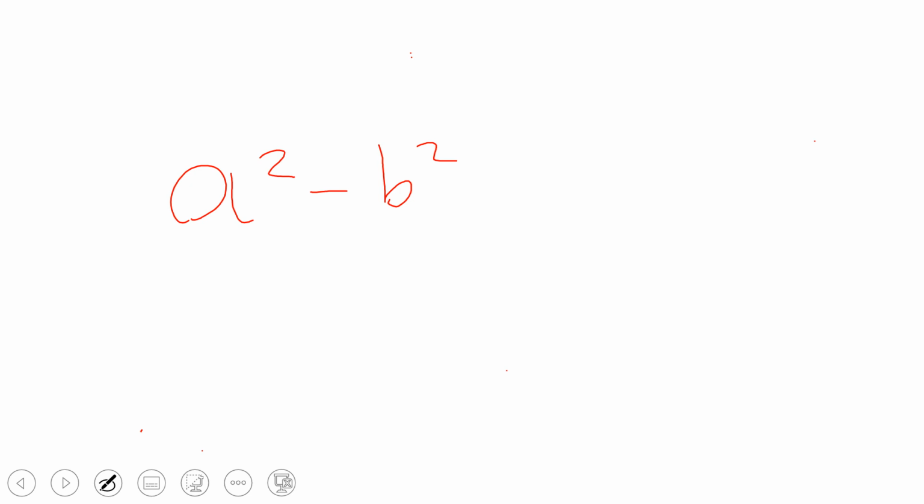So the way we're going to factor this is using the difference of squares factorization. When we factor this, I know I'm going to have parentheses.